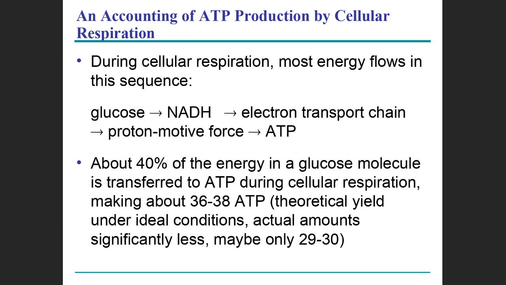In reality, it's somewhere around 29 to 30 because no system for making energy is perfect. And so there is some waste. So in reality, the amounts I'm going to show you are lower, but it's easier to talk about the theoretical yields because that's what we've been talking about for many, many years.